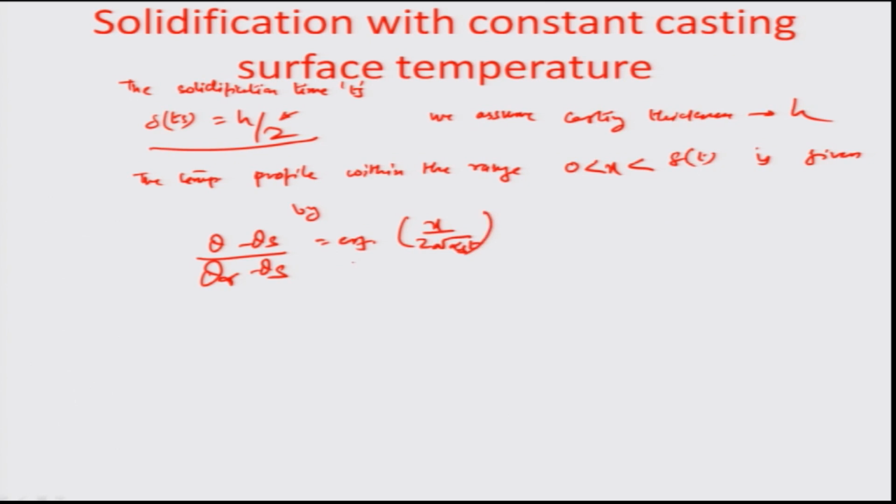I think you had earlier talked about this in detail when we did the thermal conductivity and temperature distribution across a sand mold. So, I am not going to illustrate how this equation came, or you already know that it was from a similarity variable analysis of a one dimensional heat transfer problem, which we actually solved to obtain in the case of the sand mold.